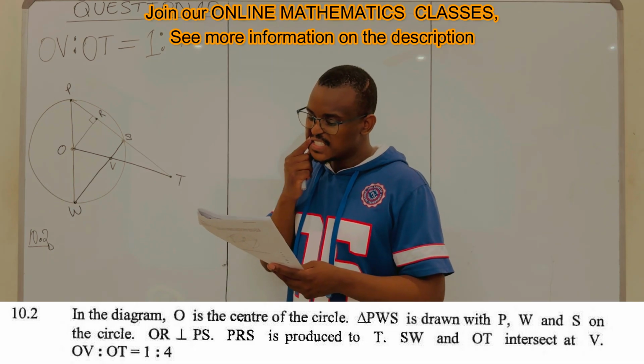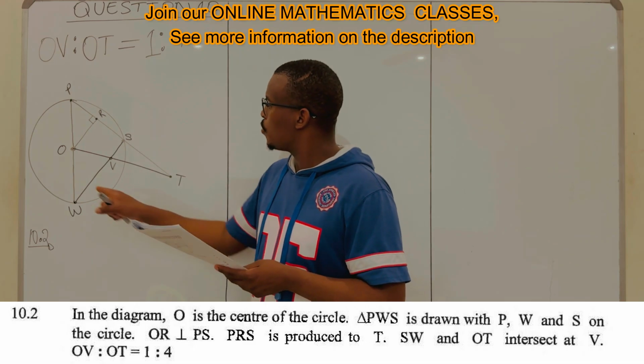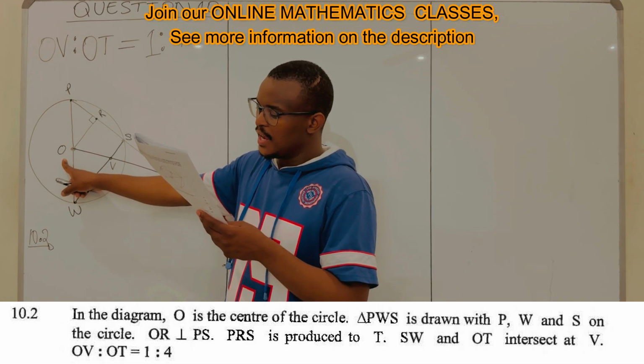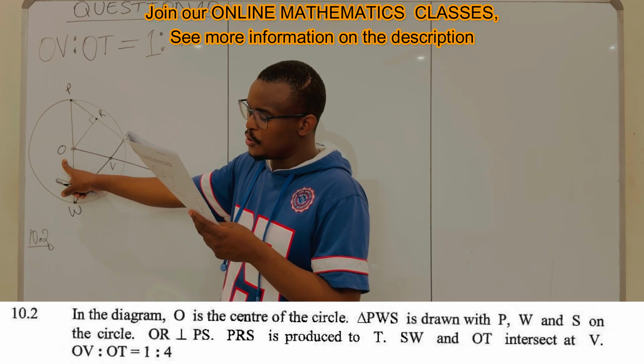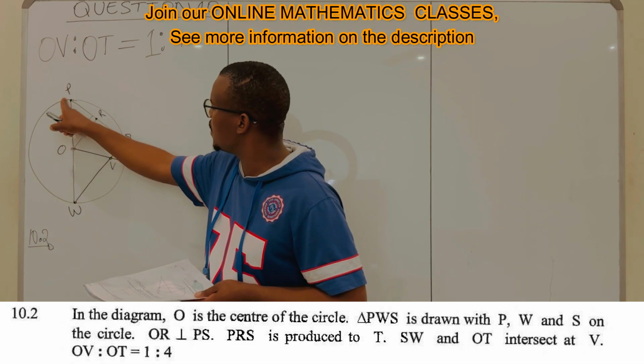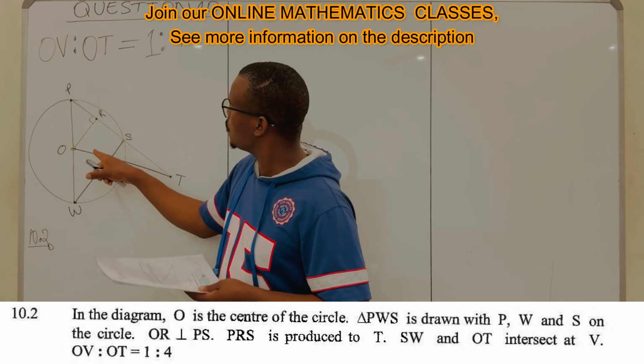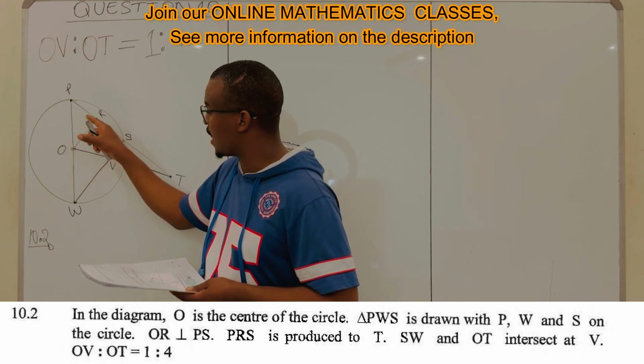So, they're saying now, you have a circle with center O here, right? They're saying now, triangle PWS is drawn. So you have triangle PWS, as you can see here. No problem. It also looks like you have another triangle PWR as well.